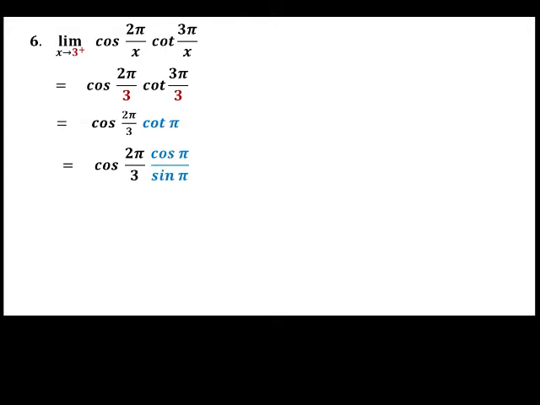Now let us determine the value of cosine of 2 pi over 3 from our circular function. 2 pi over 3 is equal to 120 degrees, and cosine of 120 degrees, its reference angle is 60 degrees, and it is found in the second quadrant, and cosine in the second quadrant is negative.